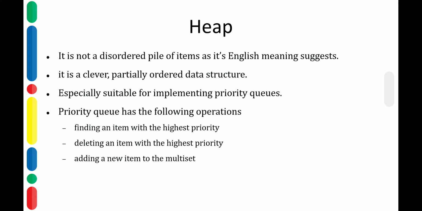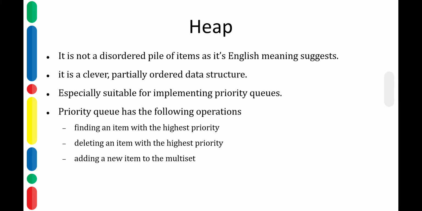One of the implementations of heap is in implementing priority queues. They are suitable for implementing priority queues. You already know that in a priority queue, the element with the highest priority will be considered for deletion, or you could perform a find operation which will give you the element having the highest priority.